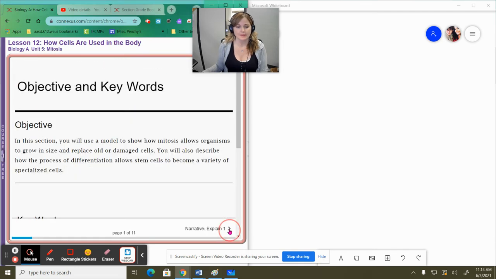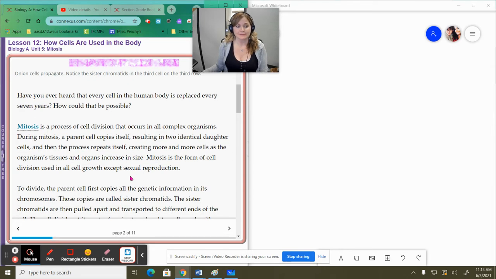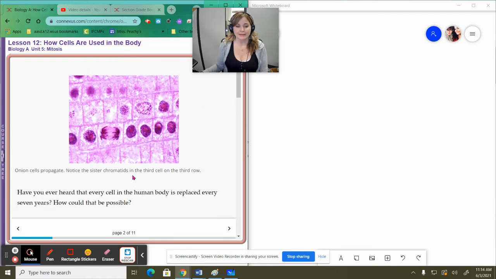As we go through the lesson, they talk a little bit again about mitosis and how mitosis is the process by which a parent cell will copy itself and make exact replicas or duplicates of itself. It's a type of cell division, and it is considered a type of asexual cell division, meaning that you are not combining two different genomes together.